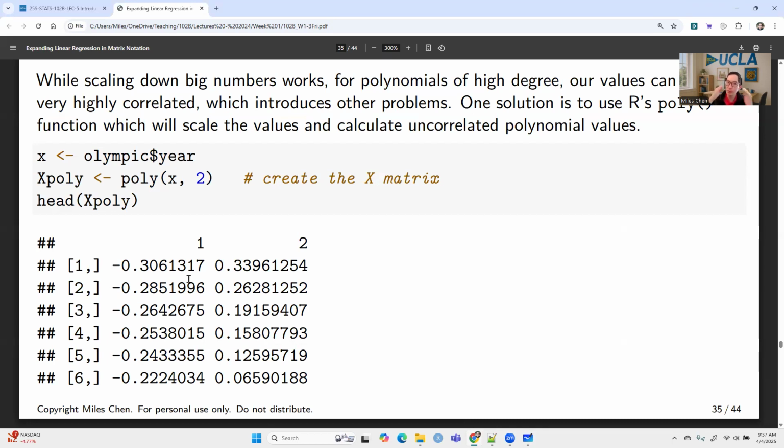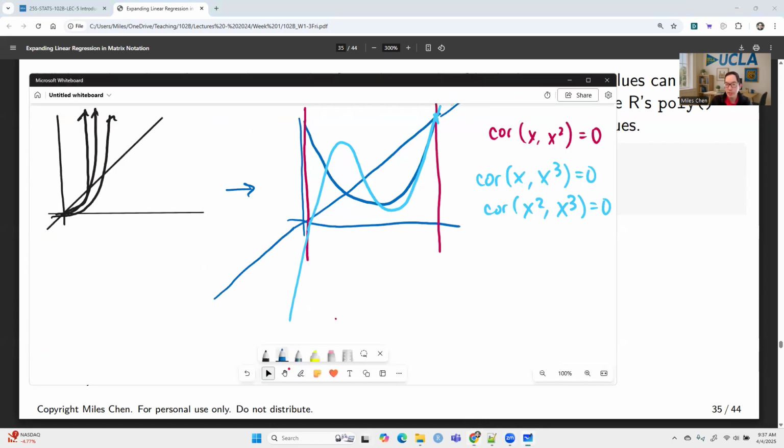But it kind of moves them around so that you get things that are uncorrelated, at least for the range of values that you have. Whereas over here, x squared, x cubed, and x to the fourth are all highly correlated. Okay. And here they are uncorrelated.